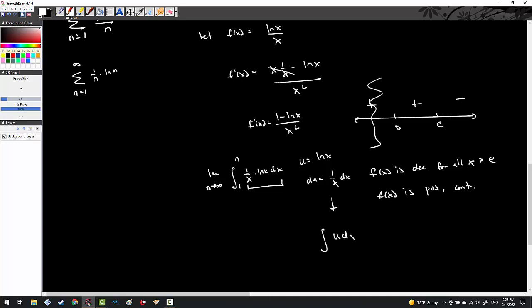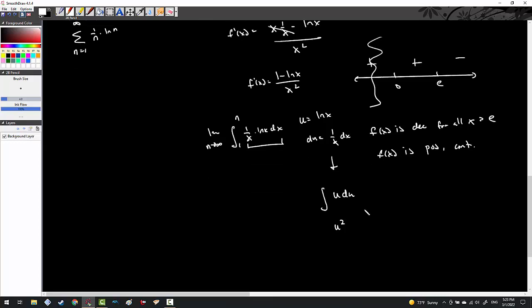This will just become u du, which then becomes u squared over 2 plus c, or actually just u squared over 2, right? I mean, we're going to do an improper integral anyway. So this becomes ln of x squared over 2. Oops, I forgot about that, divided by 2 right there. So now from here, that is all going to be underneath this limit.